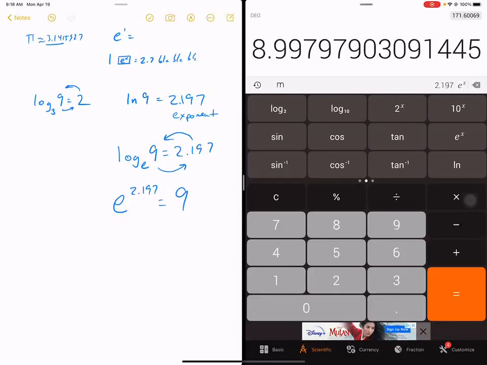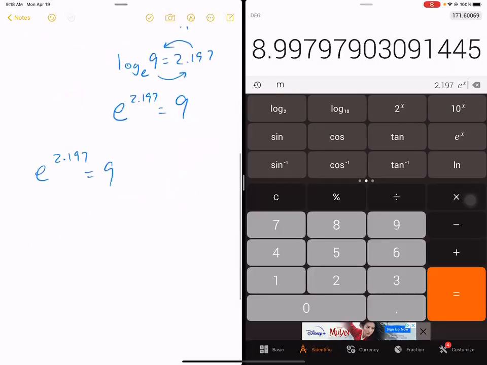So you want to be able to go back and forth and not freak out when we see a problem that looks like this. What if I write something like this? e to the 2.197 equals 9. Can you please write this as a log? Now, in this case, I actually did the work for you already. Write this as a log.